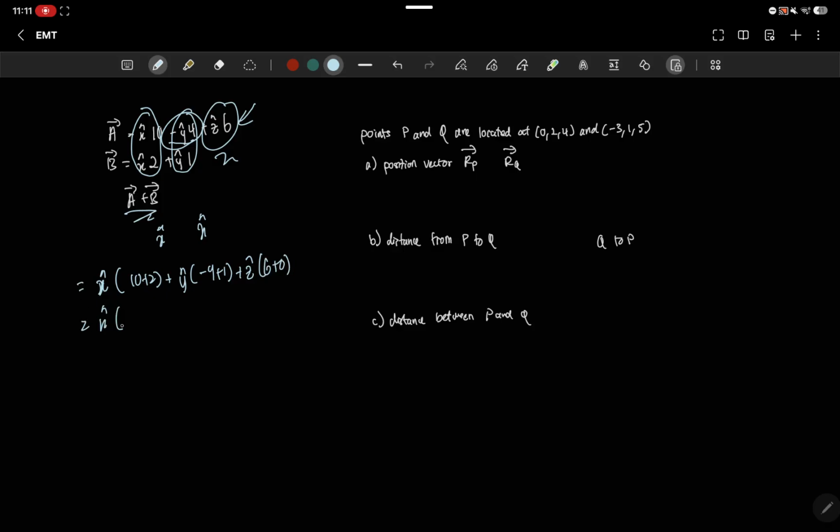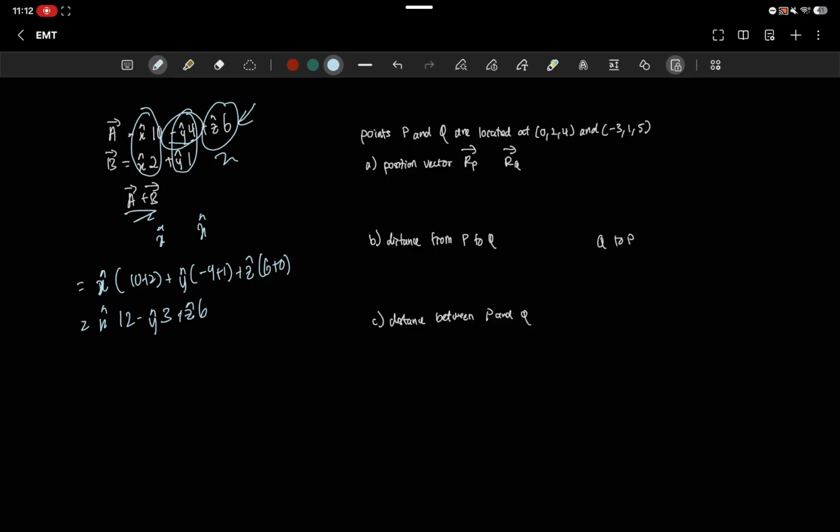So the addition gives us 12, and -4 plus 1 is -3, and then this is 6. So this is how you do the addition. Addition is quite simple.